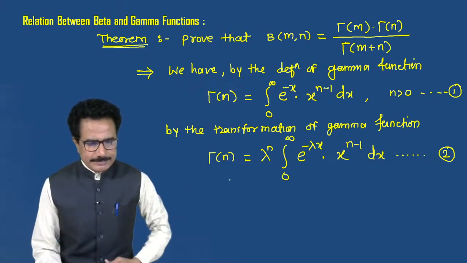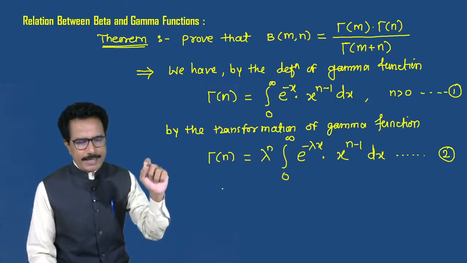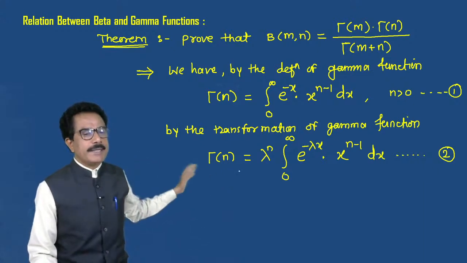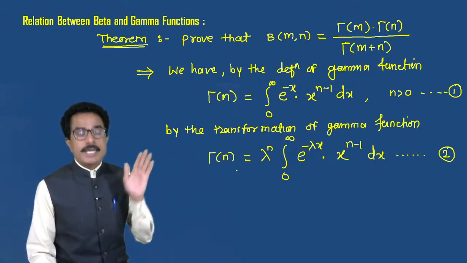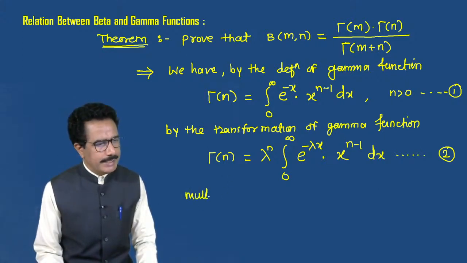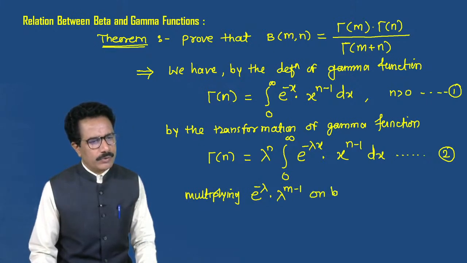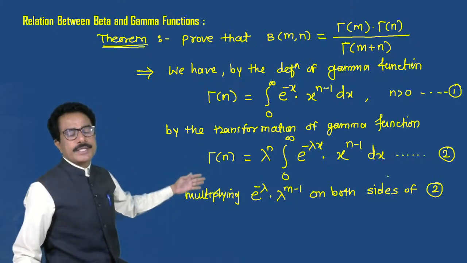So for this second integral, multiplying e raised to minus lambda into lambda raised to m minus 1 on both sides of equation 2. Multiply both sides of equation 2.